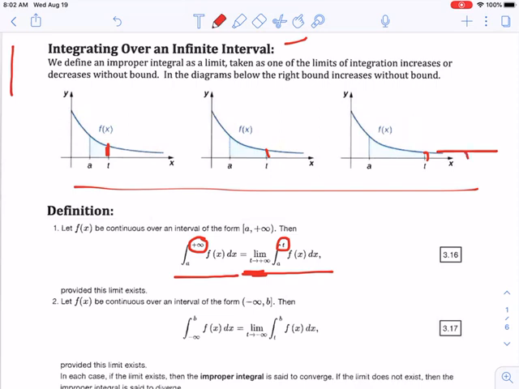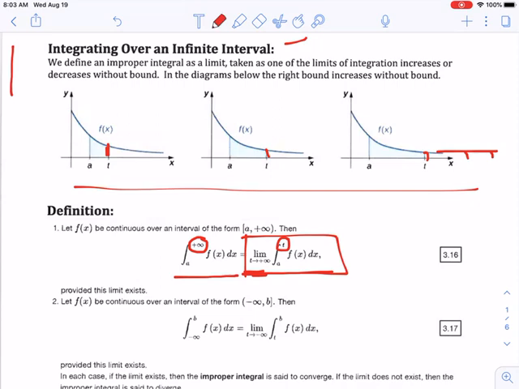Then t will be out here, then out here, then out here. So t is approaching infinity. And so we want to find the limit of this integral. We integrate a function just like we always do, but then we add one more step, which is where we find the limit of that integral as t approaches infinity.